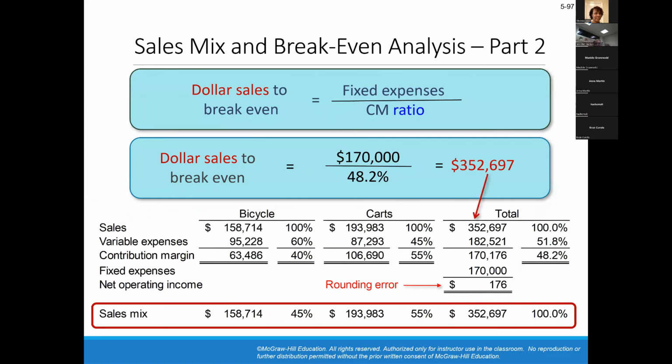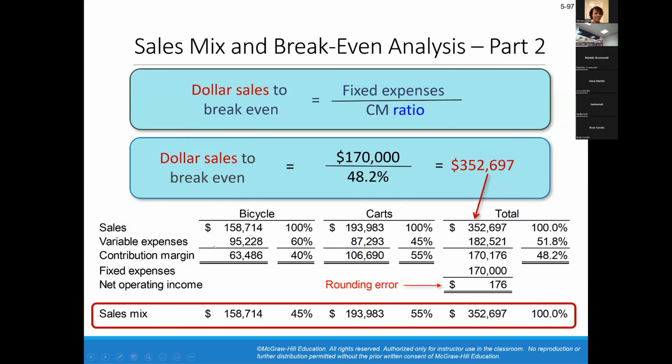All right, so we have our dollar sales to break even. We calculated what that contribution margin ratio was. We added everything together in order to calculate that, and that was on the previous screen. So we have that now. And it's showing us in an example that our fixed expenses are 170,000.